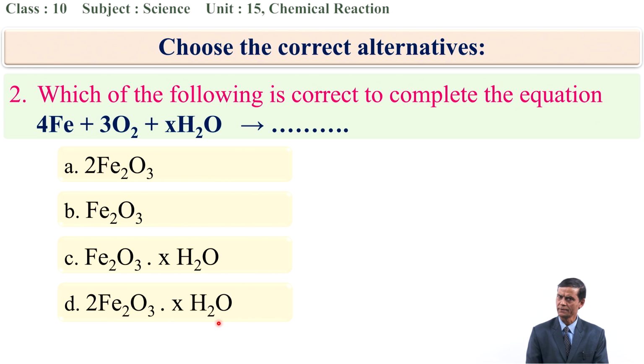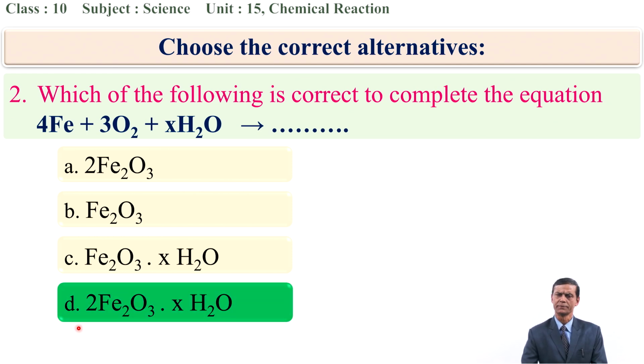Which one will be the correct form, correct product? Did you find? Sure, let's check it. This is the correct form of this equation, 2Fe2O3·xH2O. What is the reaction related to? It is related to rusting of iron, isn't it? Rusting of iron occurs like this.